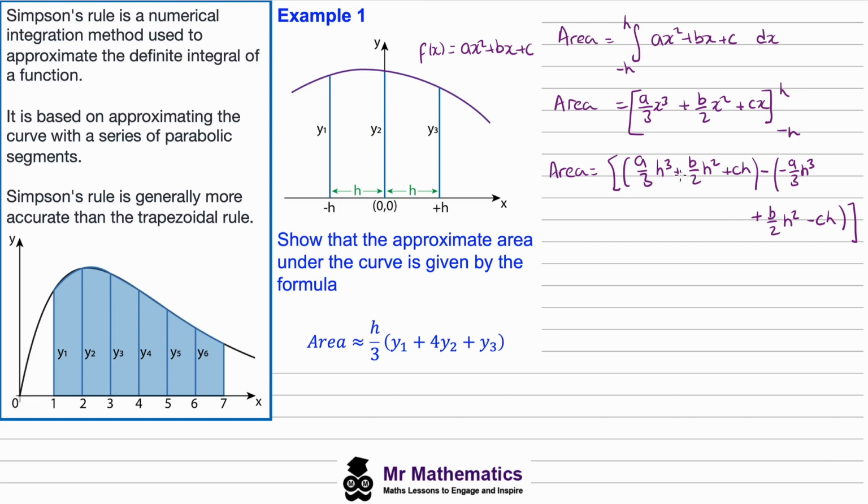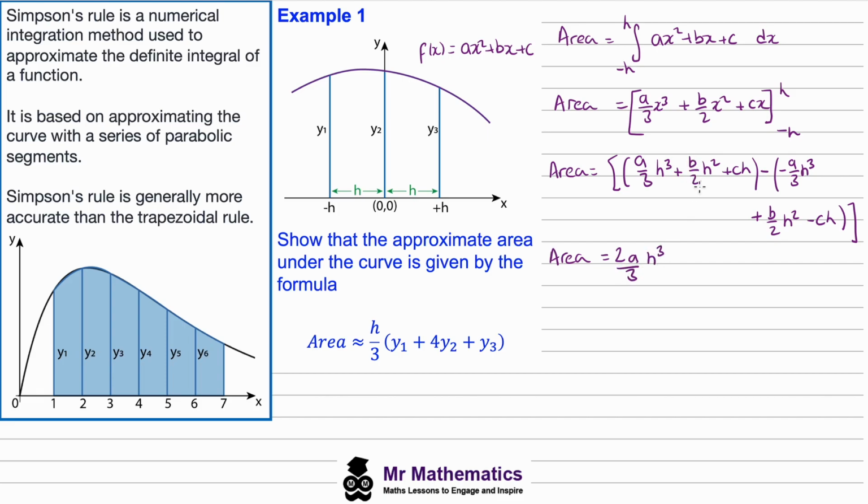Okay? And we can tidy this up by multiplying out by this negative. And when we do multiply it by the negative, we have like terms. We have the area will be a over 3 h cubed plus another a over 3 h cubed. So 2a over 3 h cubed.